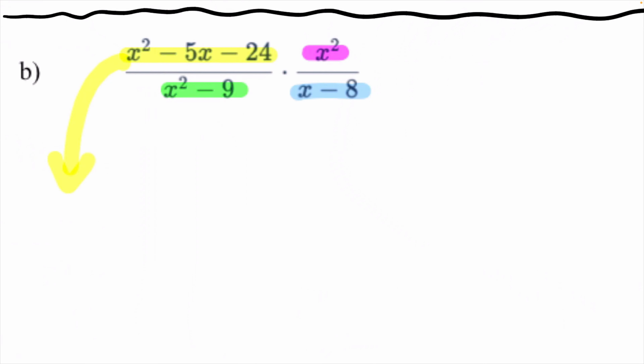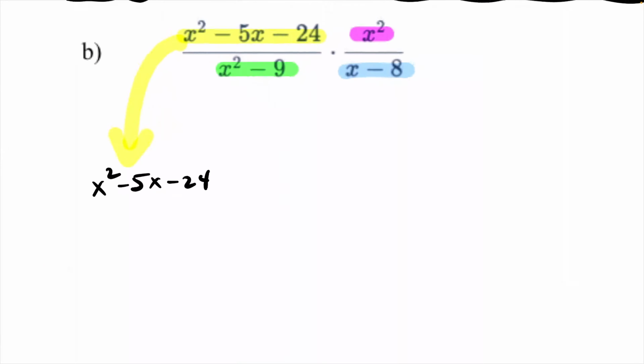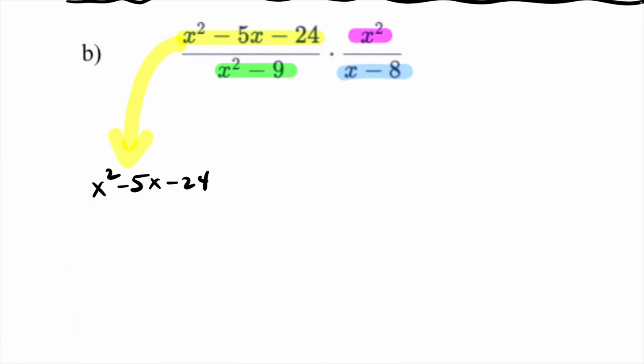Is that a binomial, trinomial, or monomial? Try. Do what you've been doing. Nothing changes. That part does not change. Okay, so order is correct. GCF is just 1.